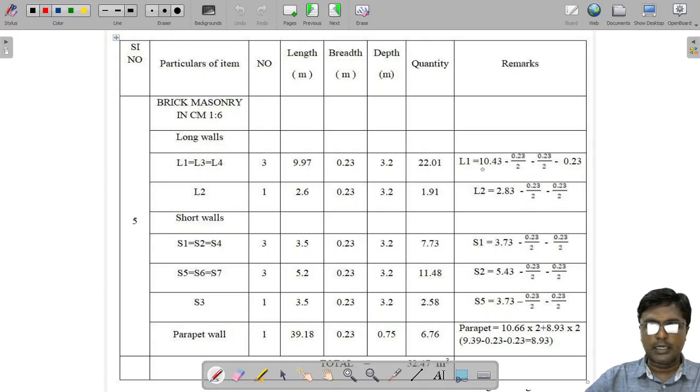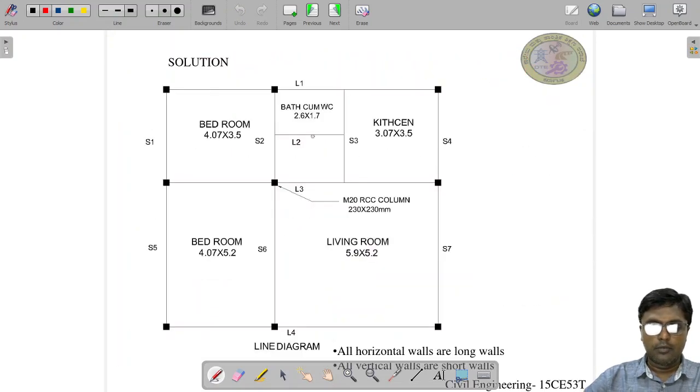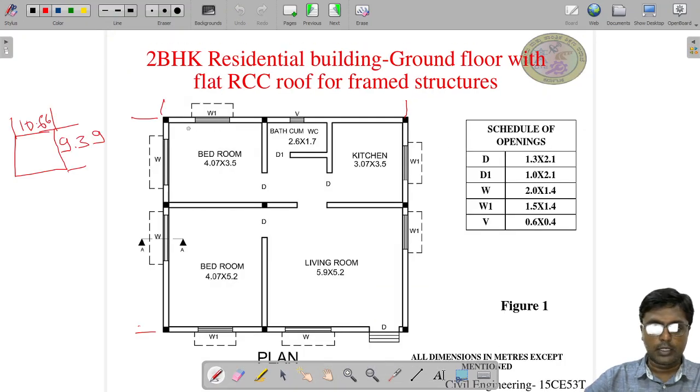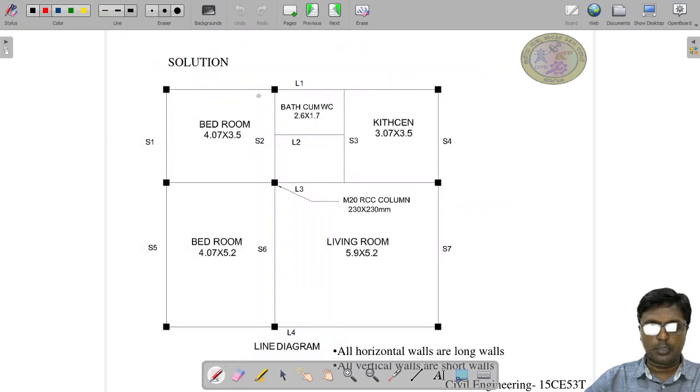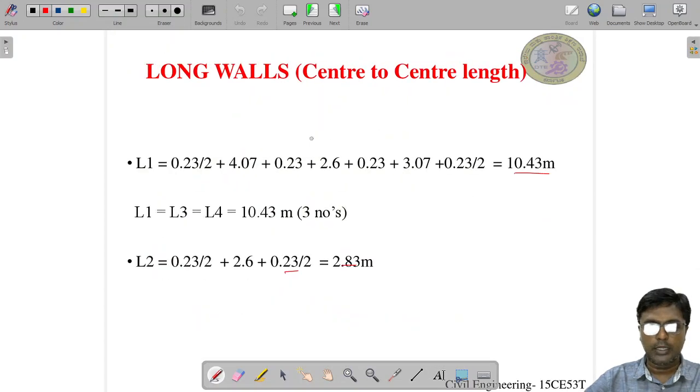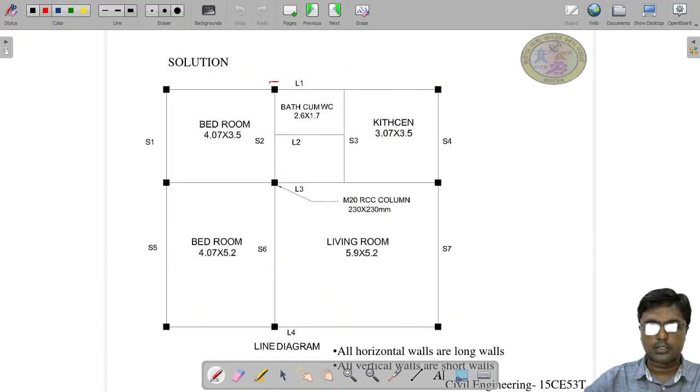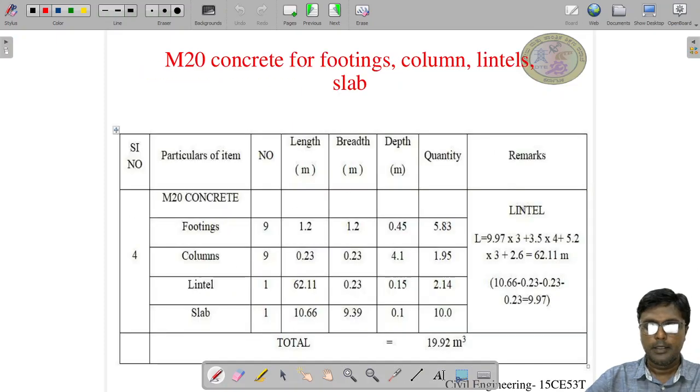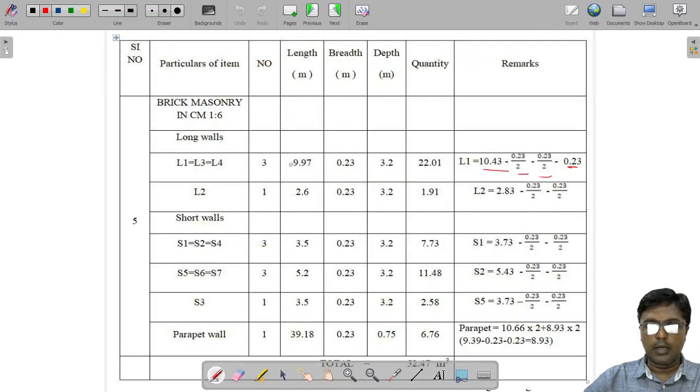We have the center to center length as 10.43 minus 0.23 by 2 minus 0.23 by 2, and again minus 0.23 by 2 minus 0.23 by 2, because we are deducting the wall thickness at the brick masonry level, which is 0.23. And this is that extra 0.23, this item we have to deduct. So the final output is 9.97.